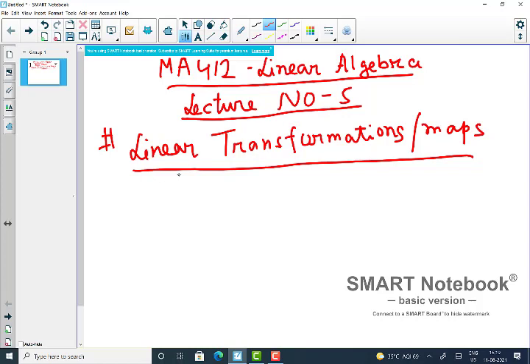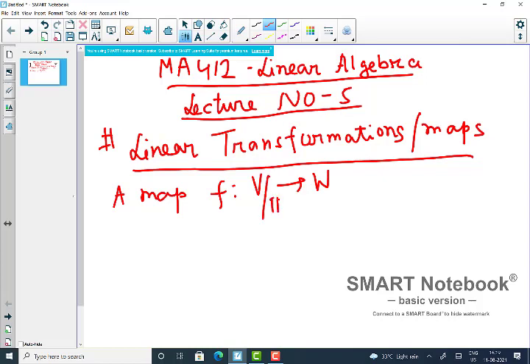Suppose you have two vector spaces. So a map, maybe let me write down the symbol, say F, from two vector spaces, V to W. So V and W may not be the same, but they have to be over the same field.